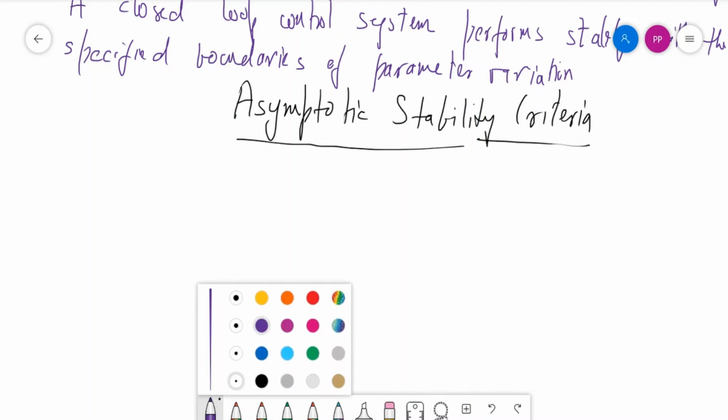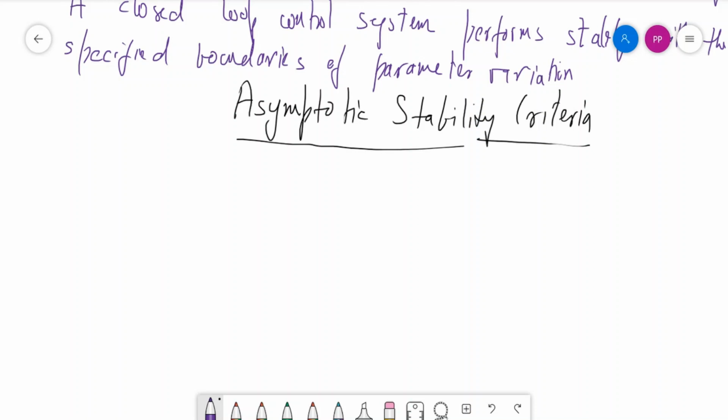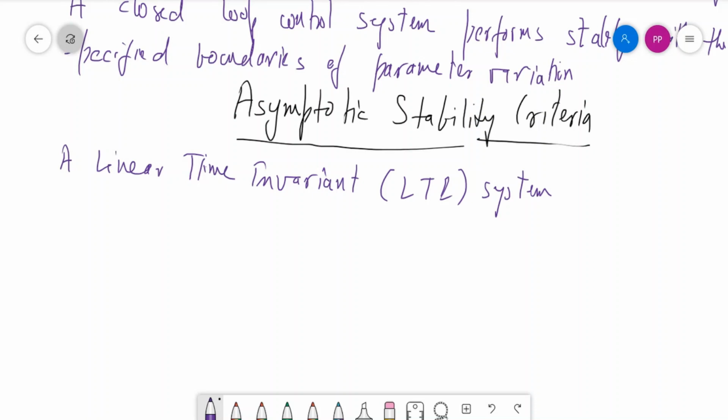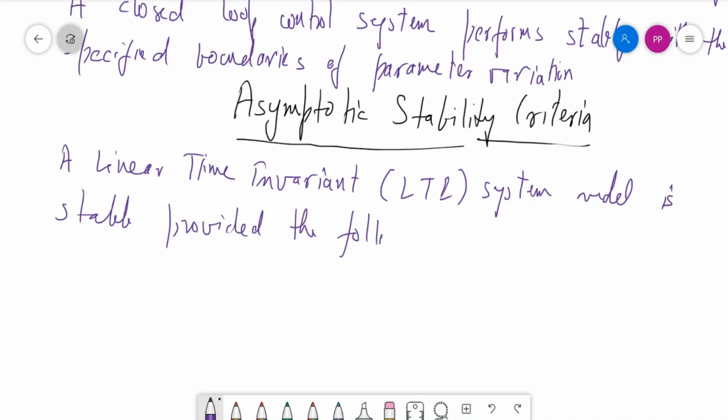So we'll see a linear time invariant system, that is LTI system model, is stable provided the following two conditions are satisfied.